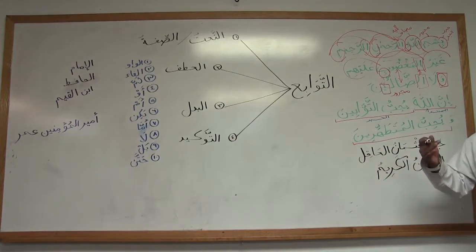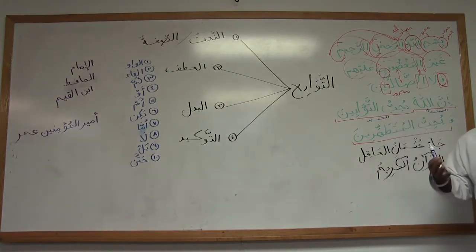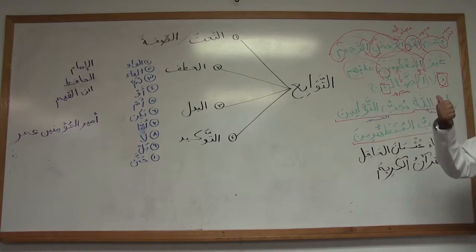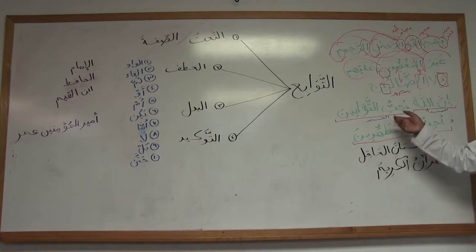Easy. This is jumla fi'liya. Excellent. So khabar is jumla fi'liya. And we discussed khabar can be mufrad, it can be jumla ismiya, it can be jumla fi'liya, it could be shibh jumla. But this is a jumla fi'liya, it begins with a fi'l. So your khabar here has come as jumla fi'liya.